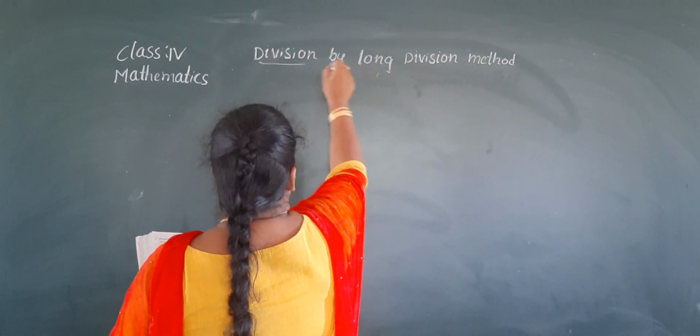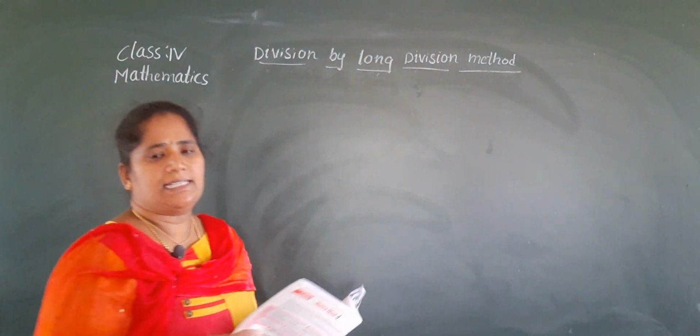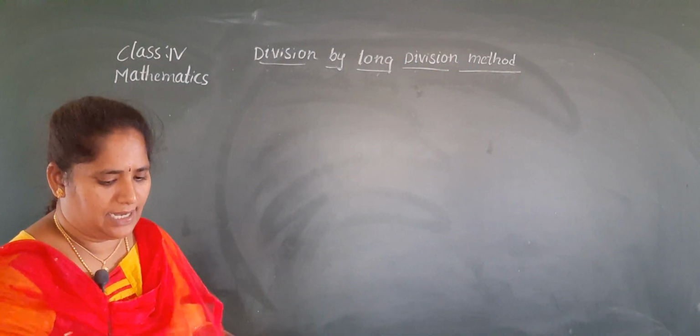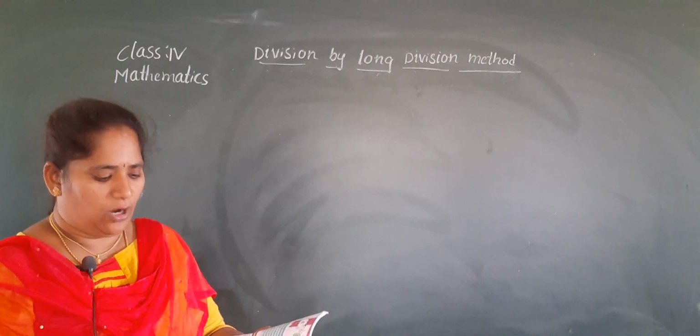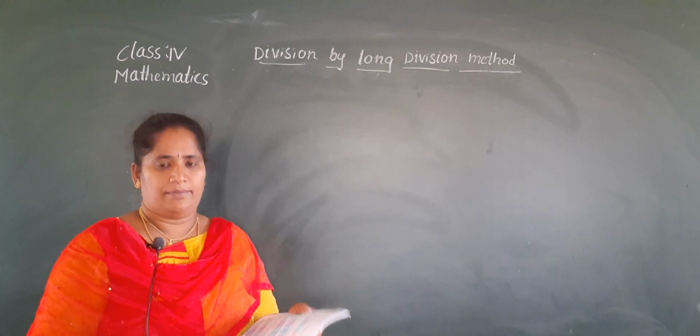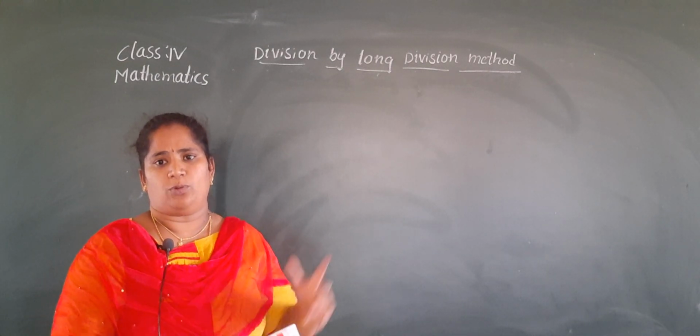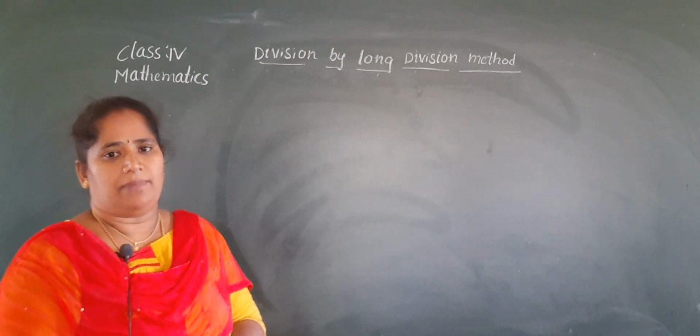So now we completed 3. This is the 4th method. The first one is, come on, tell me, what is the first one? The division by dotting. Okay, dots method. The second one is grouping. The third one is repeated subtraction. And the fourth one is the long division method.